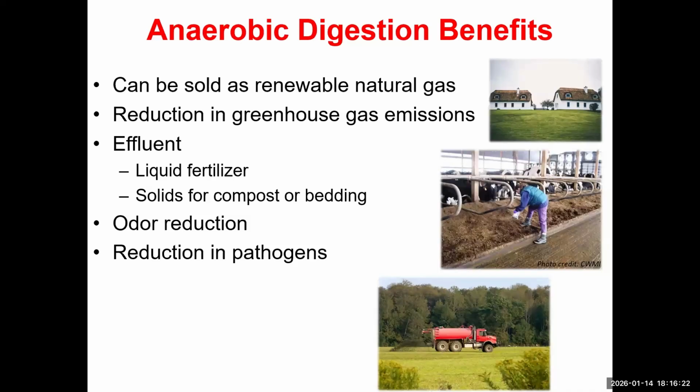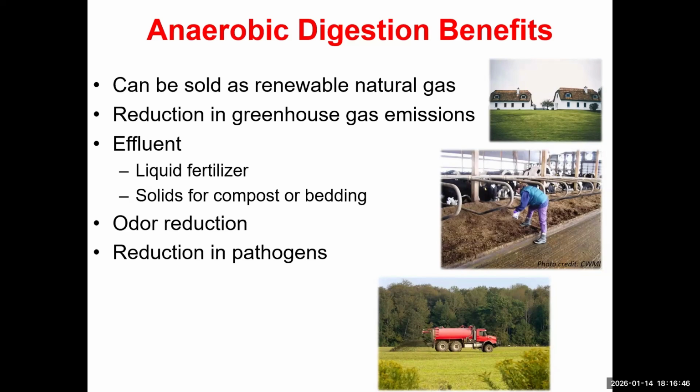Post digestion, those solids as well as those liquids can be separated. And you can see how those liquids can be used as a fertilizer. If you think about it, by using those liquids as a fertilizer, it reduces the need to purchase commercial fossil fuel-based fertilizers.